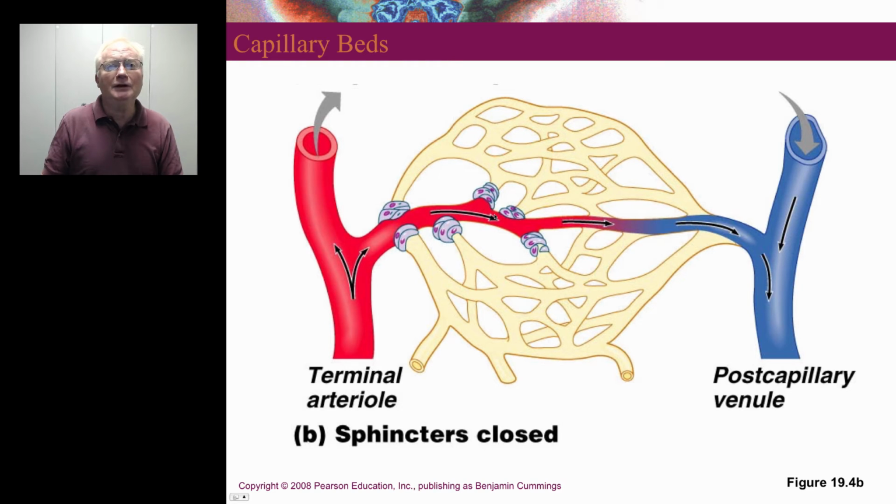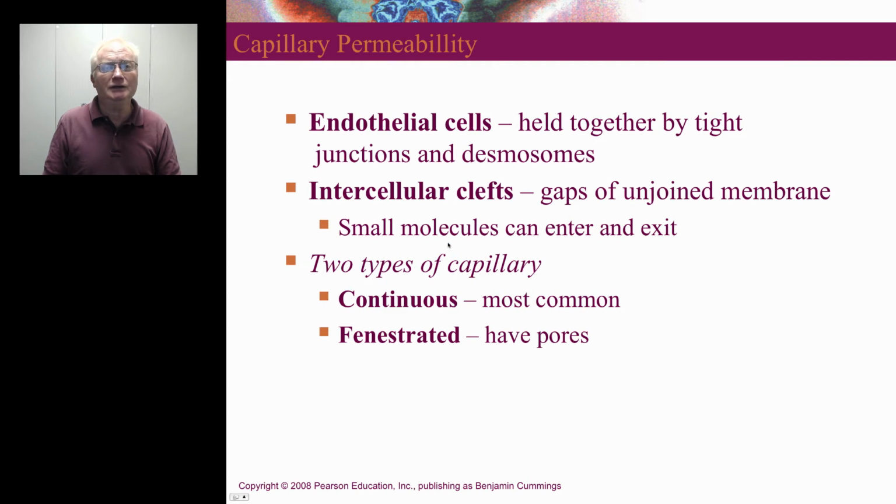Some of the capillaries go straight through capillary beds and bypass the sphincters. These are shunts that are constantly open regardless of the state of the smooth muscle in that tissue. The capillary permeability is determined by several factors. The endothelial cells, that simple squamous epithelium that lines the blood vessels, are generally held together by tight junctions and desmosomes that keep large things from leaking out of the blood into the tissues and vice versa.